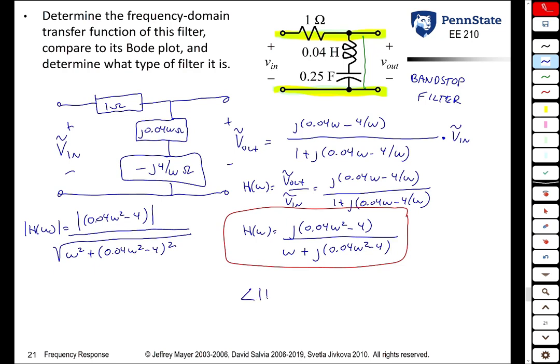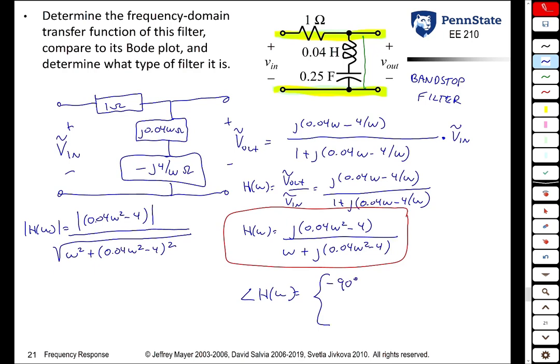The angle is really tricky here. Think about the angle of the numerator. The numerator is an imaginary number that could be either positive or negative. If the frequency is less than 10 radians per second, 0.04 omega squared minus 4 is going to be negative, so we get something like negative J6, negative J10, whatever, and it has an angle of minus 90 degrees.